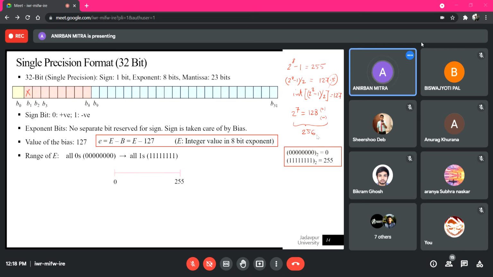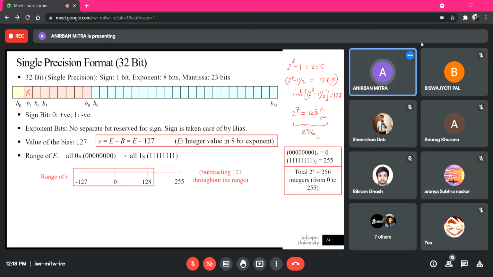What is the bias? 127. I can represent a total of 256 integers starting with 0 to 255. If I take out the bias from that, then the range becomes 0 minus 127, which is minus 127, and 255 minus 127 gives us 128.